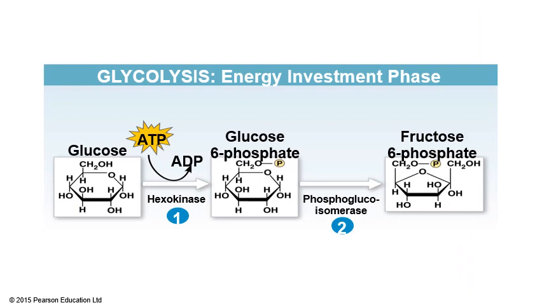Okay, for glycolysis, in the beginning, we can start from glucose. As you can see, an ATP molecule gets consumed to produce glucose 6-phosphate, and this glucose 6-phosphate gets converted into fructose 6-phosphate.